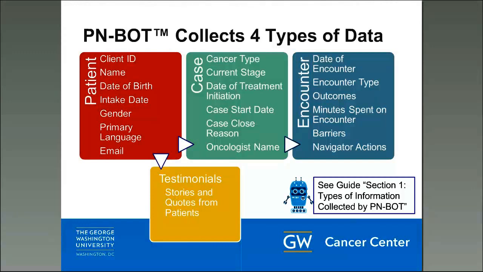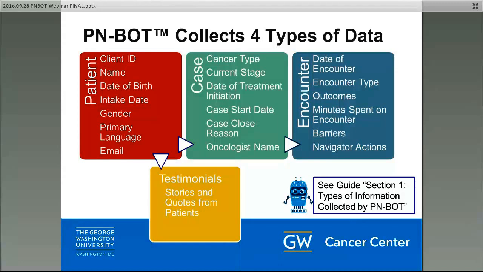Okay, so following the triangles here, that sort of gives you an idea of the hierarchy of the data and the flow of data entry. So just to go over what each level means, the patient level of data refers to anything that has to do with the patient as a human being, as a unique person.